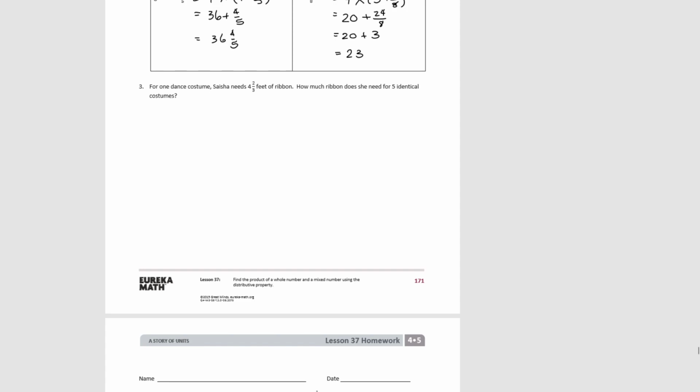Okay, for one dance costume, Seisha needs 4 2/3 feet of ribbon. And how much does she need for 5 identical costumes? So we could show this as a tape diagram. We would need this identical amount 5 times.